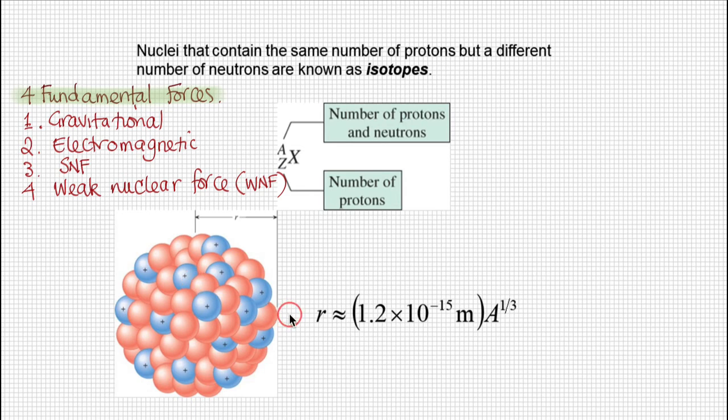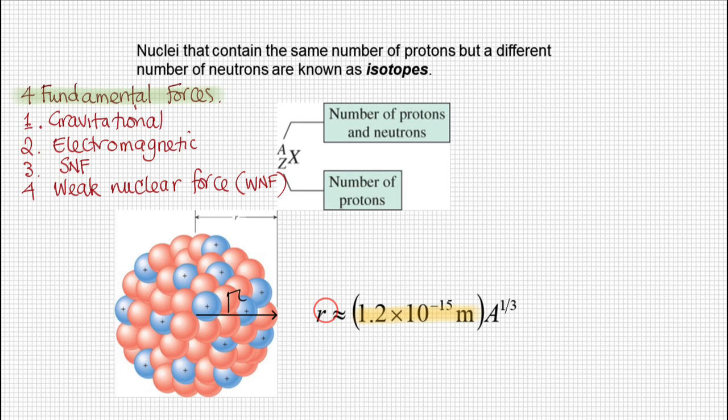So if we want to understand the strength of the strong nuclear force and its range, we can use this relationship here, which has been developed empirically. In other words, experiments have verified it, and what it shows us is that the radius of a nucleus is dependent upon the nucleon number.